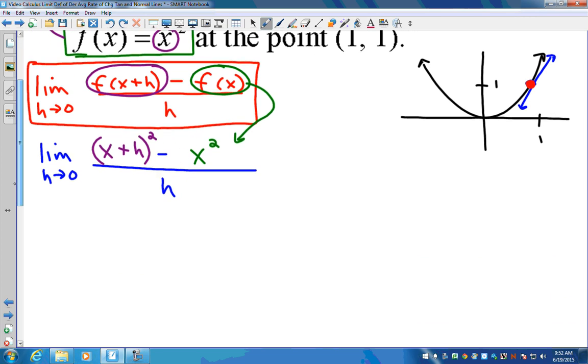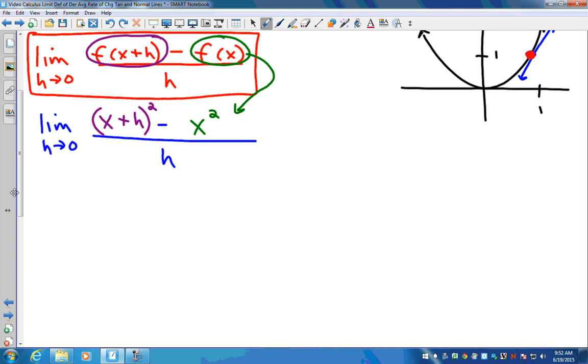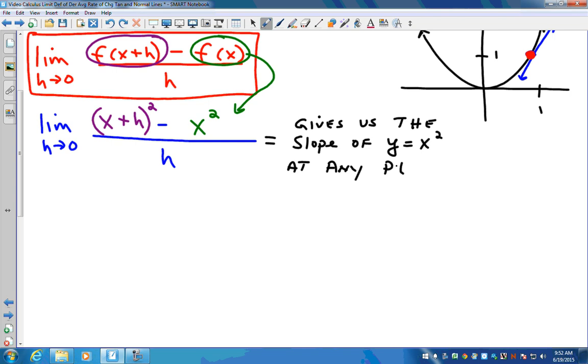All right, so this will give us the slope of y equals x squared, and then we're going to have to evaluate it at a particular point. So I'm just going to write that down. This gives us the slope of y equals x squared at any point, at any x value. We'll talk about the specific point (1, 1) in a second.